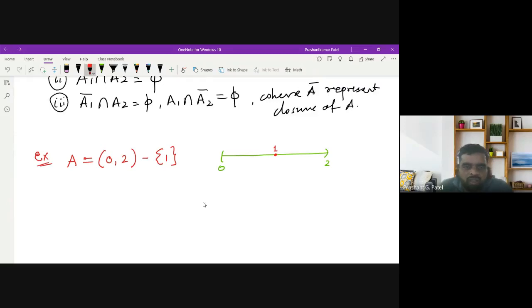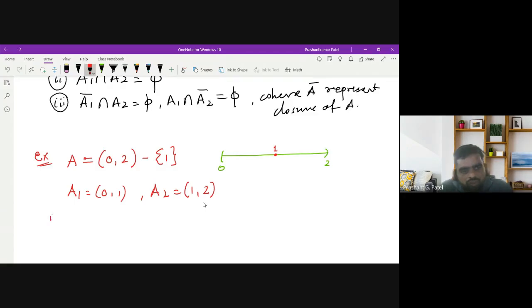For that I need to check, so I need to find two subsets. Let us define A1 as the open interval (0, 1), which is a subset of A, and A2 as (1, 2), which is also a subset of A.